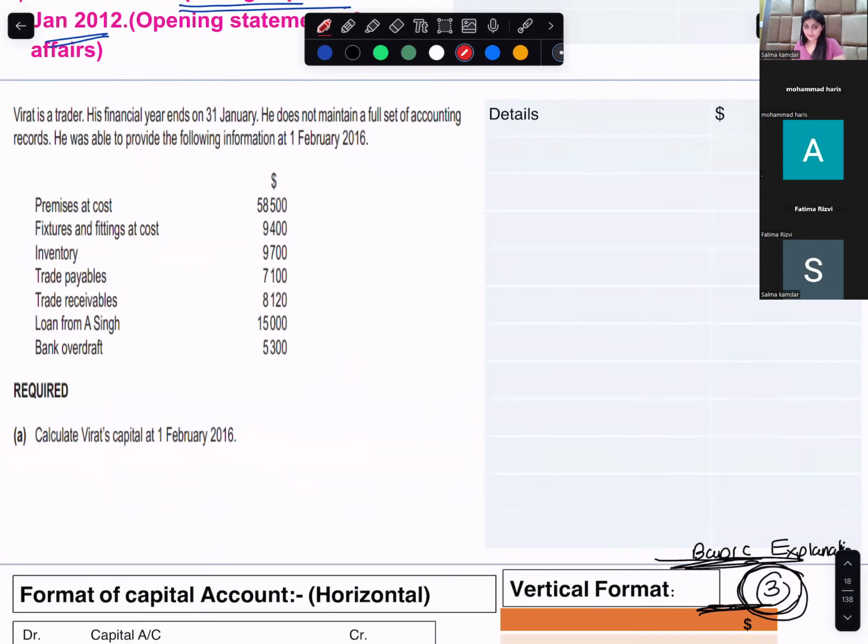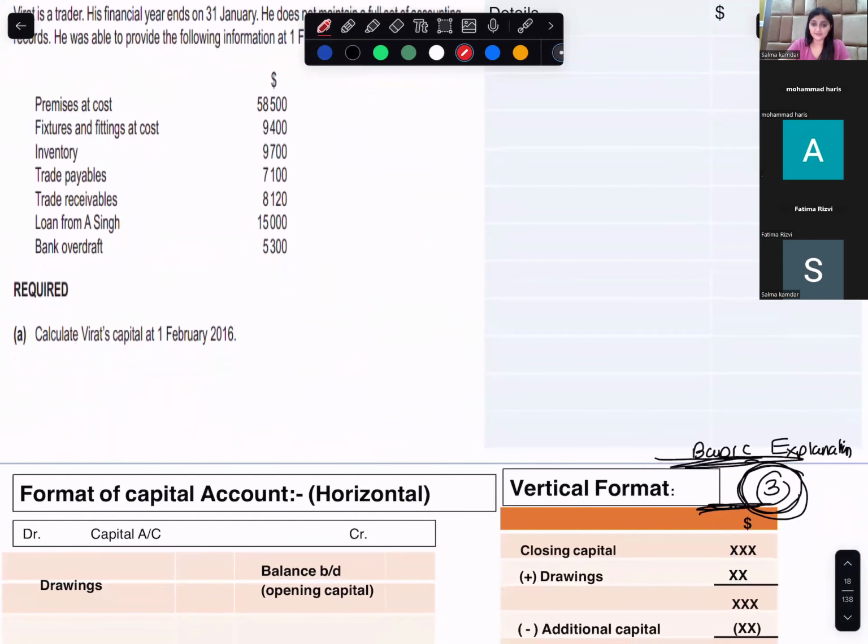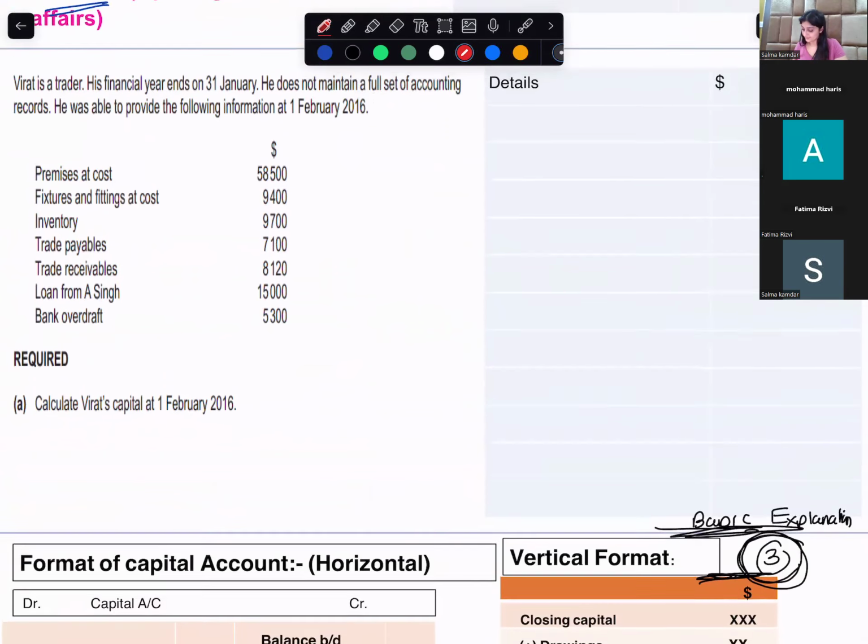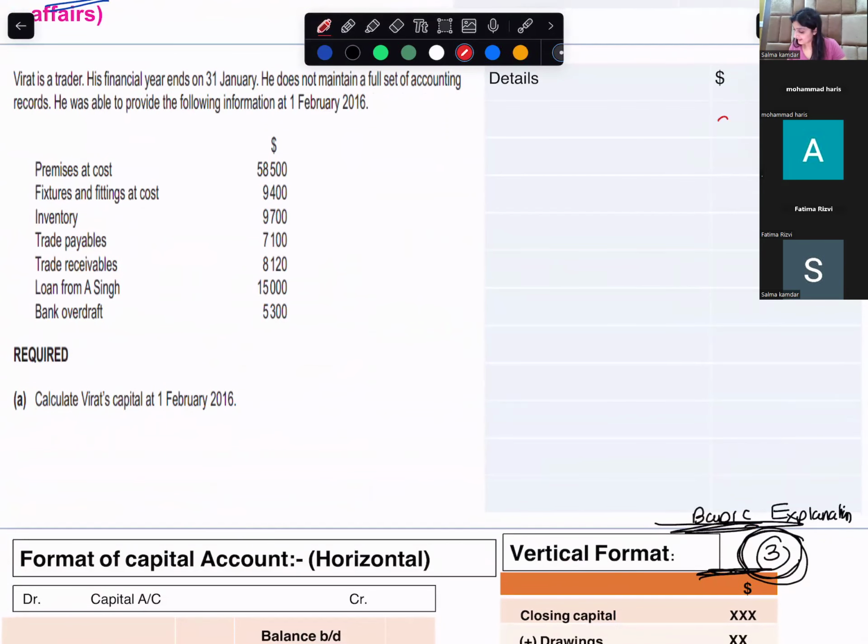Come on, Virat. How will you calculate Virat's capital? All debit minus all credit. So premises is 58,500. Fixtures is 9,400. Inventory 9,700. Trade payables 7,100. Trade receivables 8,120. Loan is 15,000. And bank overdraft is 5,300. Your capital will be your balancing figure.